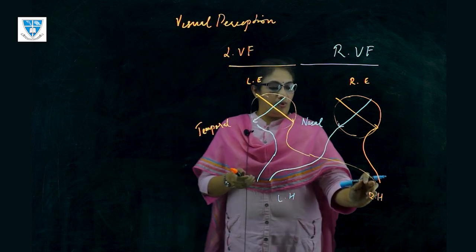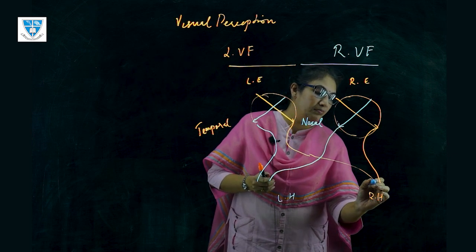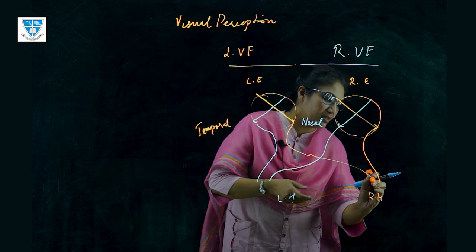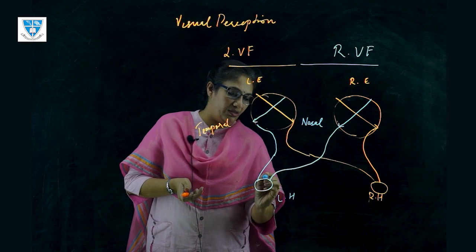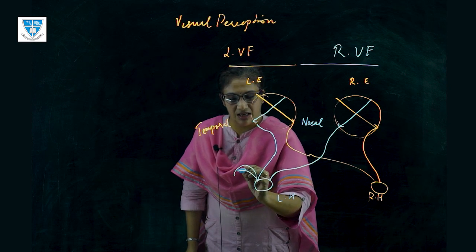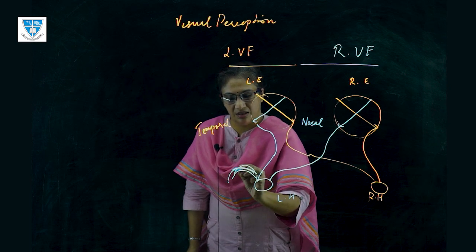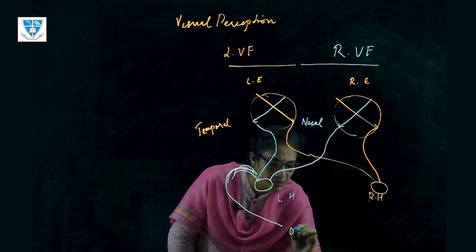Once it reaches the posterior portion of the hemisphere, it synapses at the lateral geniculate body of both hemispheres, and from there it radiates. There is a loop here, finally reaching the occipital lobe.